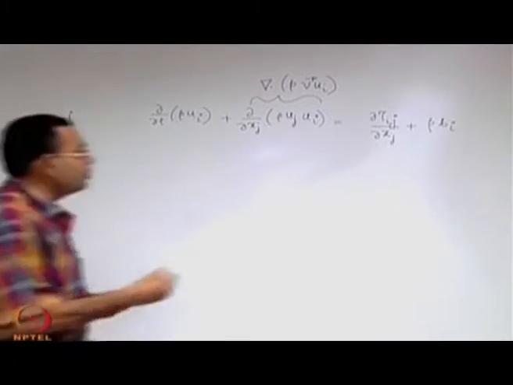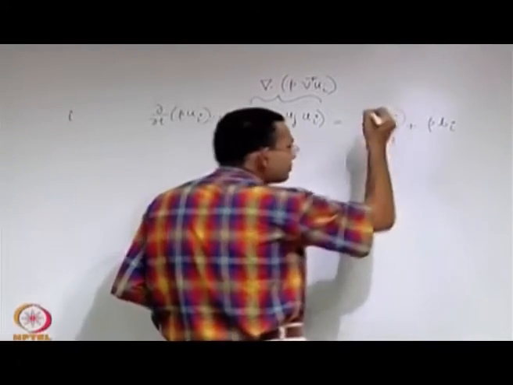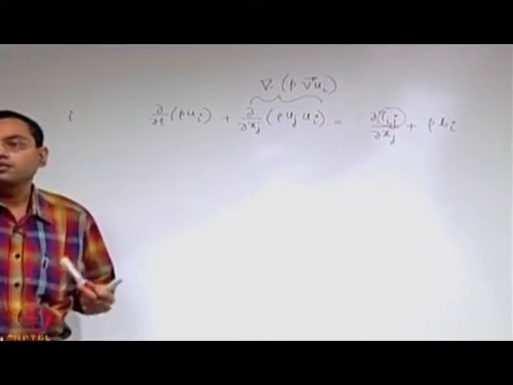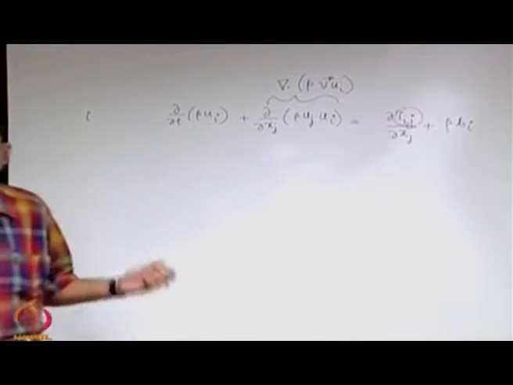Our next objective was to figure out how we may express tau ij in terms of the gradients of velocity and the fluid property, maybe one fluid property or two fluid properties or whatever.